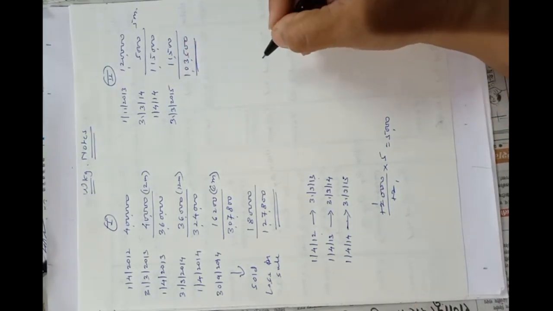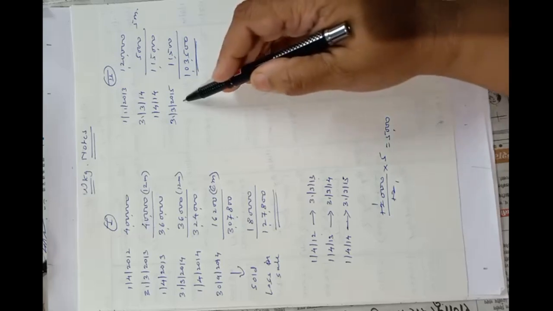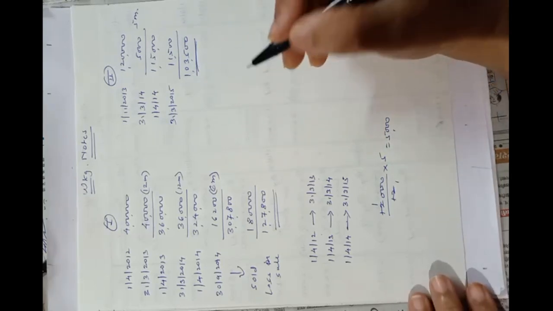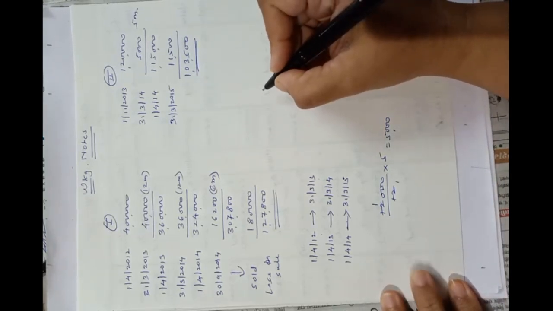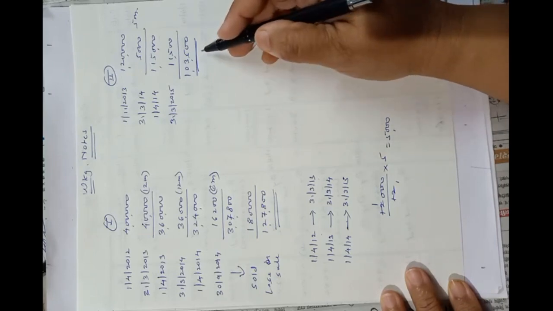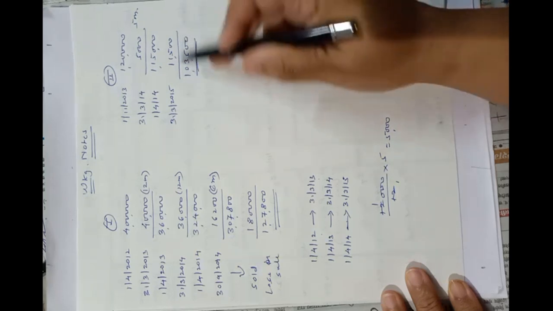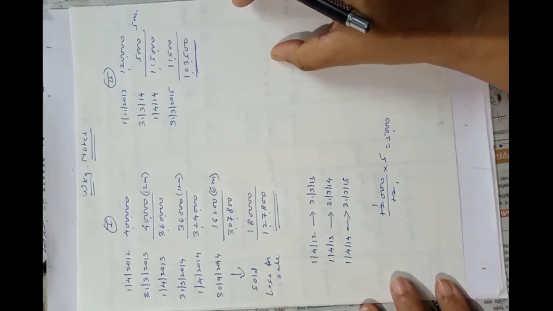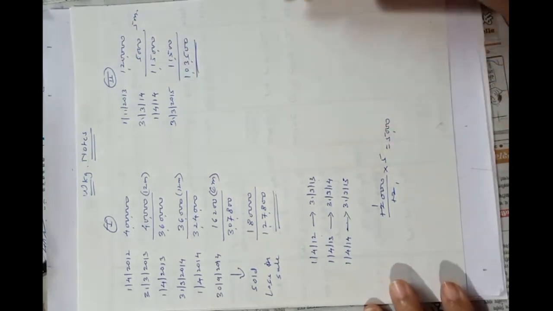Understood? So at the end, after preparing machinery account, that is on 31st March 2015, our balance of machinery account should be 1,03,500, because we have only second machinery after completion of 3 financial years.